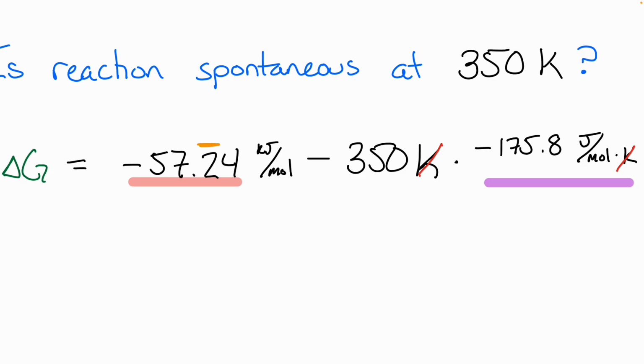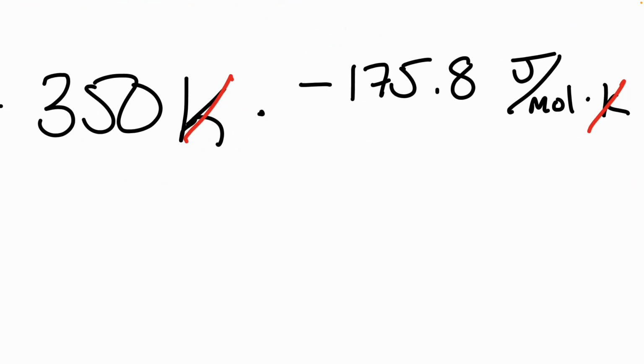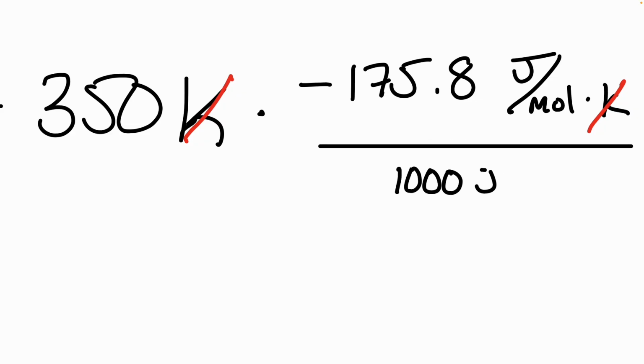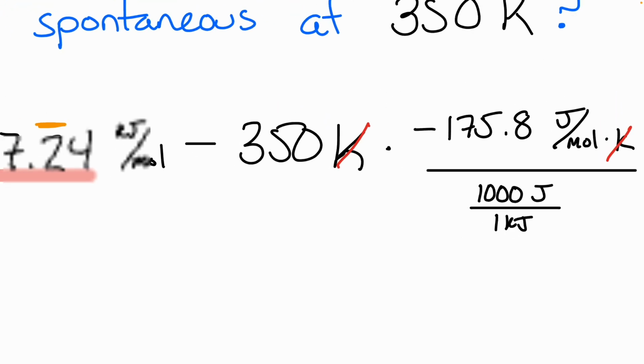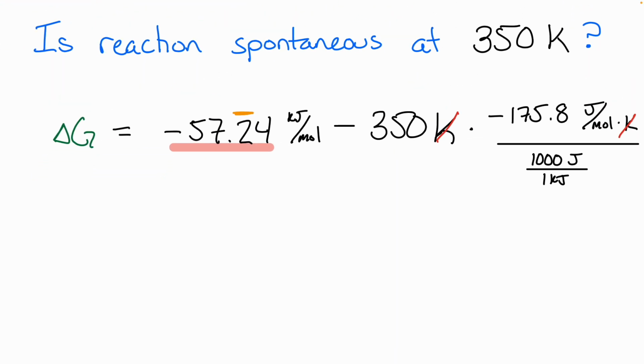You can't add grams and milliliters. It doesn't work like that. So I've got to make sure they match. What I'm going to do is take that entropy term and divide it by 1,000 because there are 1,000 joules in 1 kilojoule. That'll help square my units away to be in kilojoules. And there's my entropy term.